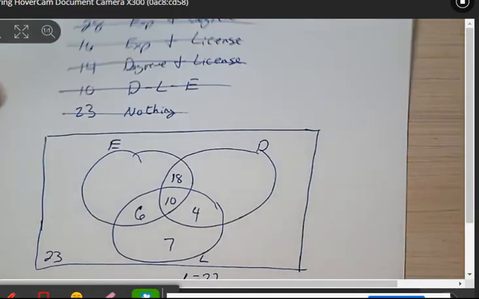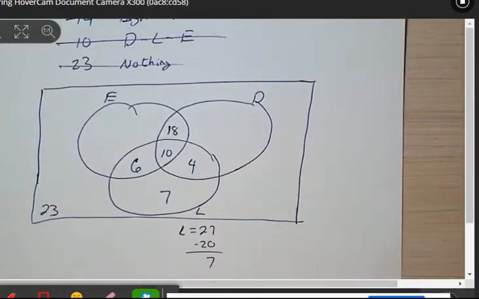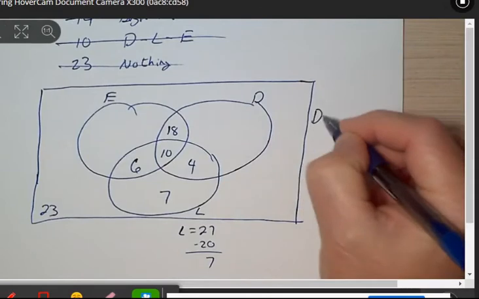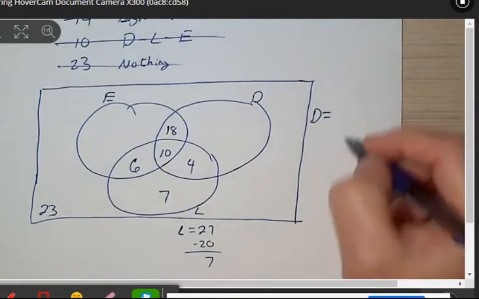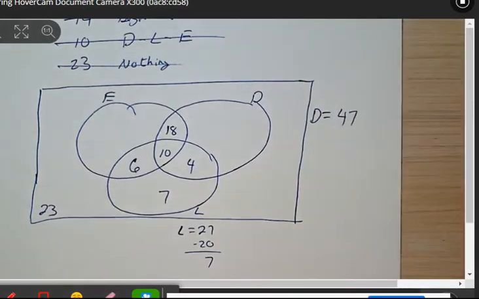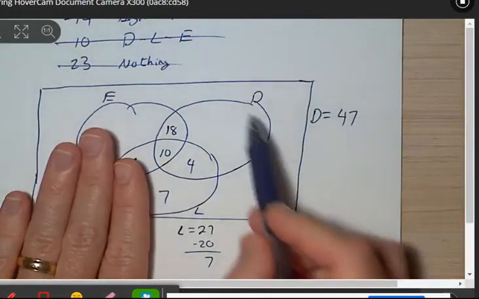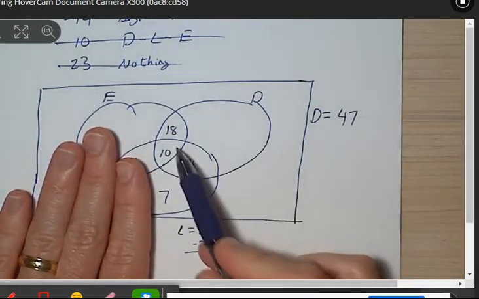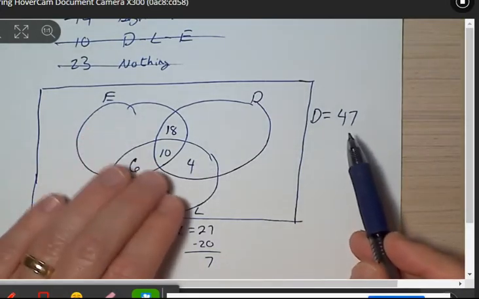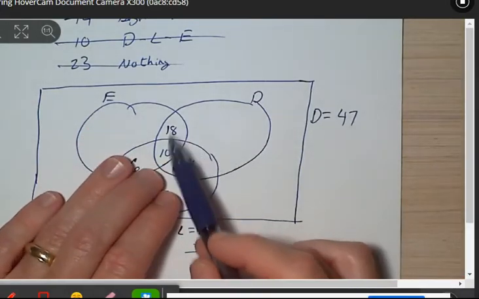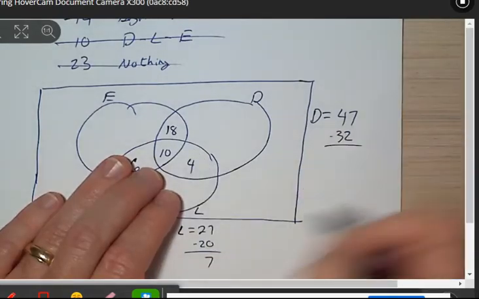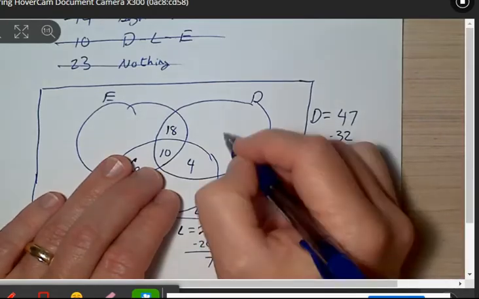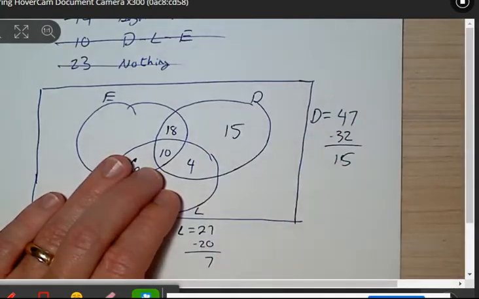I'm sorry, I couldn't see that. Okay, make this so you can see this one this time. All right, for the degree, the next one up, there was 47 people that had a degree. So that's everything inside of this circle back here. 47 was the total. We're going to take out the 18, the 10, and the 4. So that's 22. That's 32 people that had some combination of one of the other things. So there's 15 people that had just the degree.